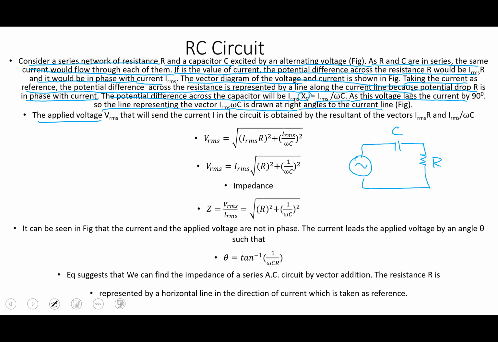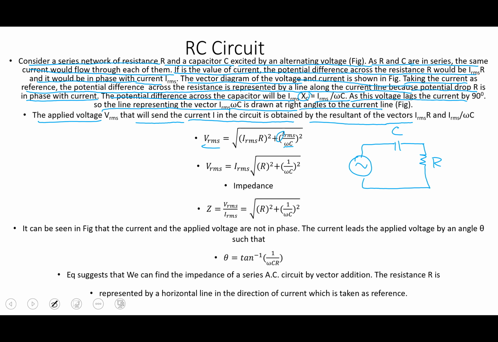The applied voltage Vrms that sends this current I in the circuit is obtained by the resultant of the vectors Irms R and Irms divided by omega C. We have the root mean square value of the square root of (Irms R) whole squared plus (Irms divided by omega C) whole squared.